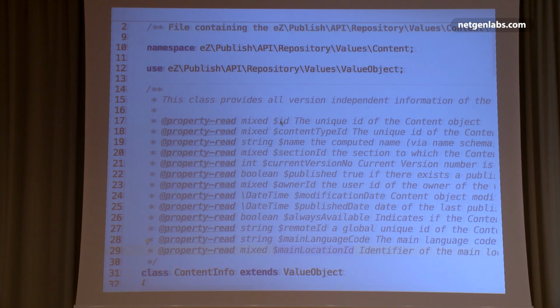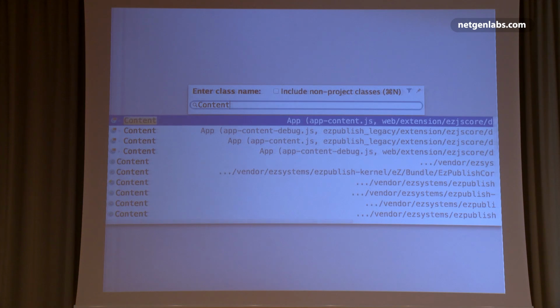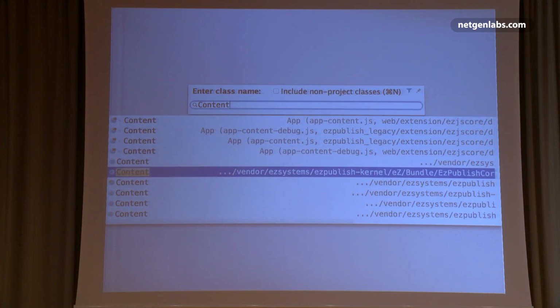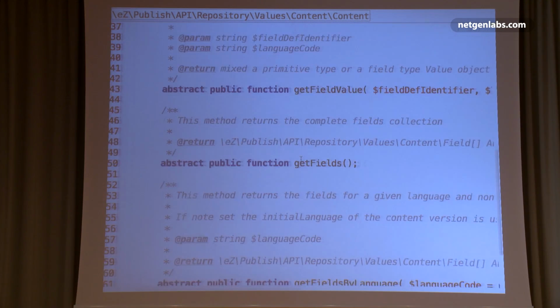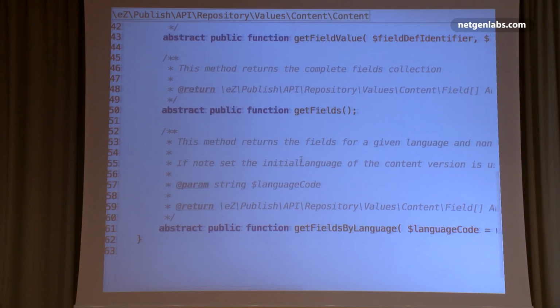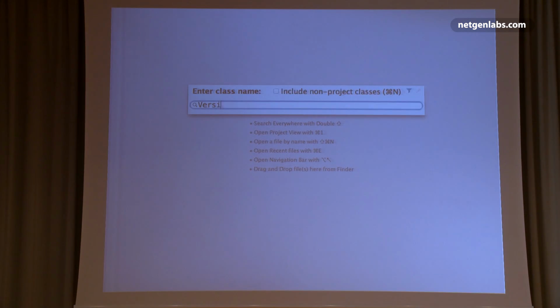You will need to implement then a custom controller to fetch the right location. For the content itself, you have all the fields and stuff, and we have also a version info.